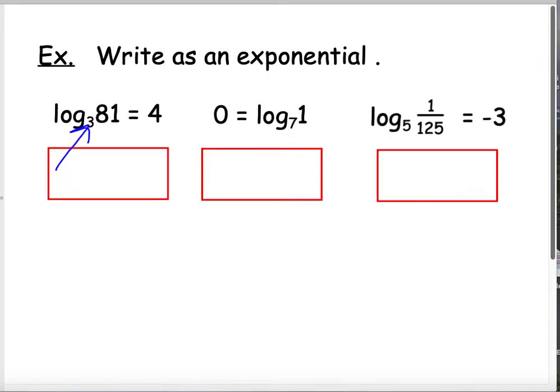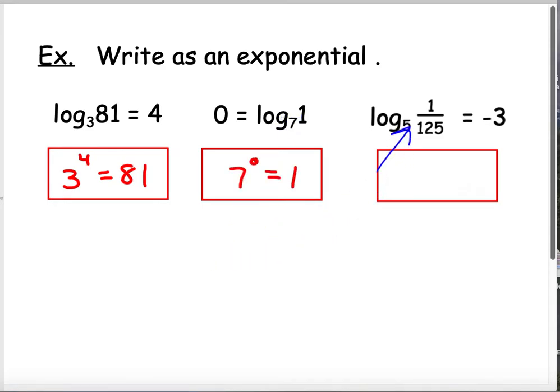Well, remember, the base raised to this power should equal that number. So 3 to the 4th power should equal 81. How about the next one? The base is 7, so 7 raised to the 0 power should equal 1.